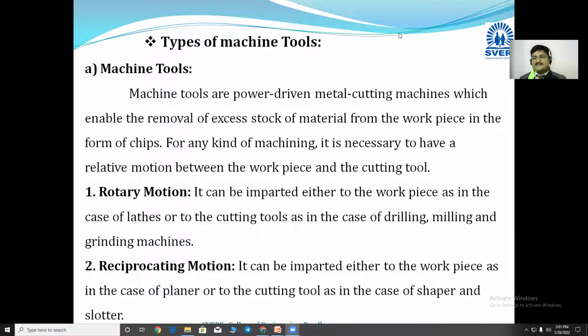Yes, sir. In that case, you just tell me what is the workpiece and what is the cutting tool? Pencil is a workpiece and cutting tool is blade. Absolutely correct.